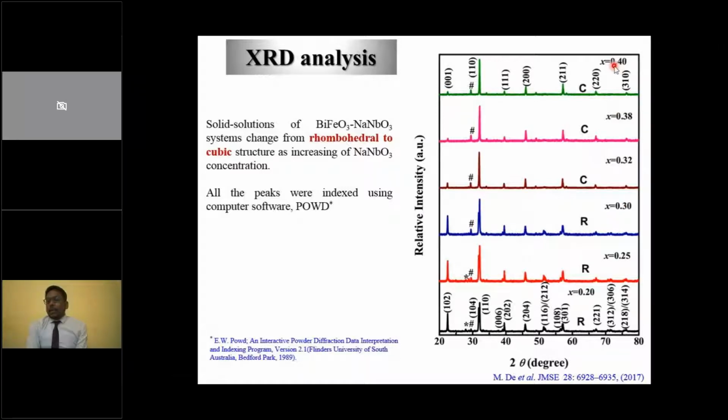Basically, the plan for synthesis of this series was because when I started work on this series particularly, I saw two or three reports regarding this type of ceramic sample. But they presented some structural changes, but they are not showing why these structural changes are happening in this particular series of samples.